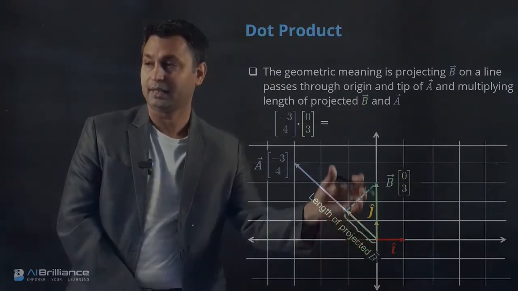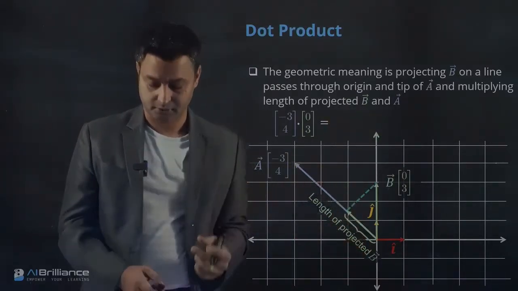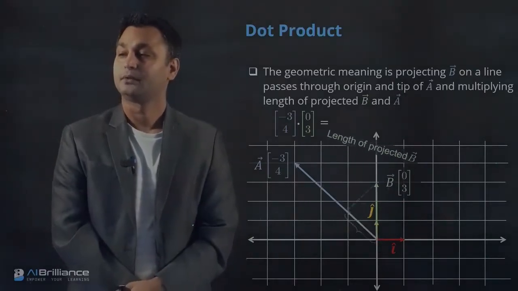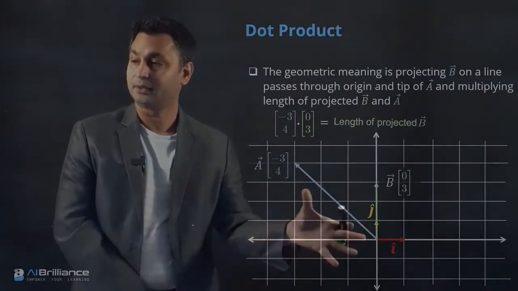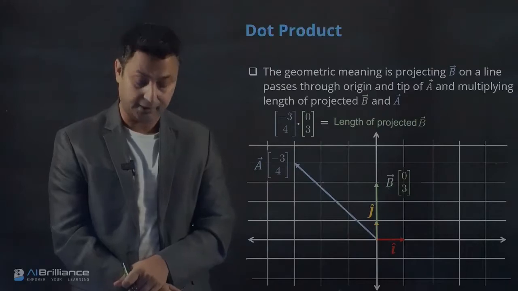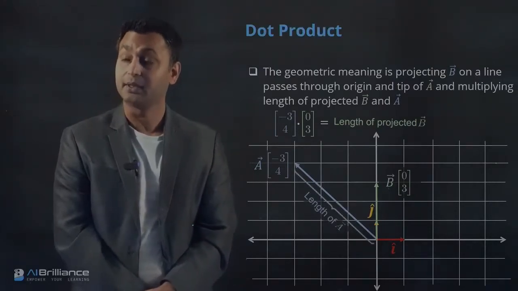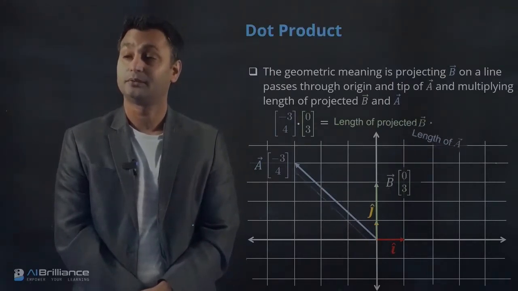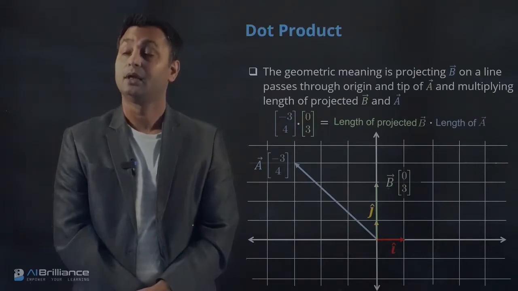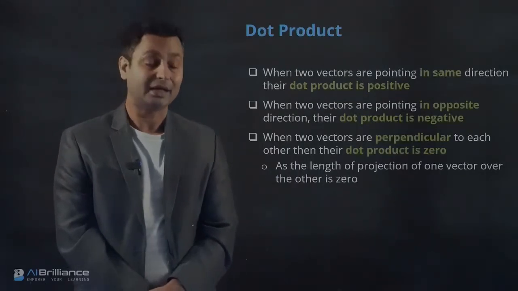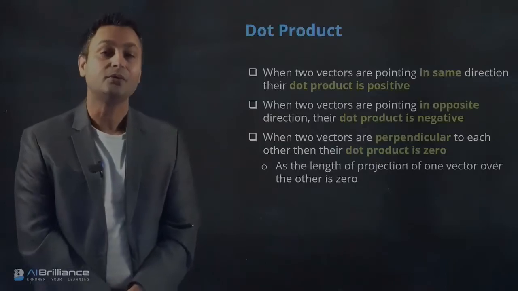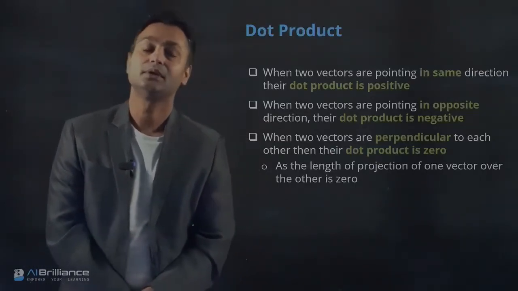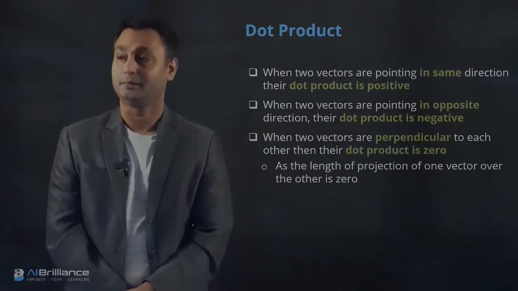We take that, and that will be the first component. Then we take the length of the overall vector A itself, which is this, and that will be the second component of this multiplication. When we multiply them together, that results in a value which represents the dot product of vectors A and B.